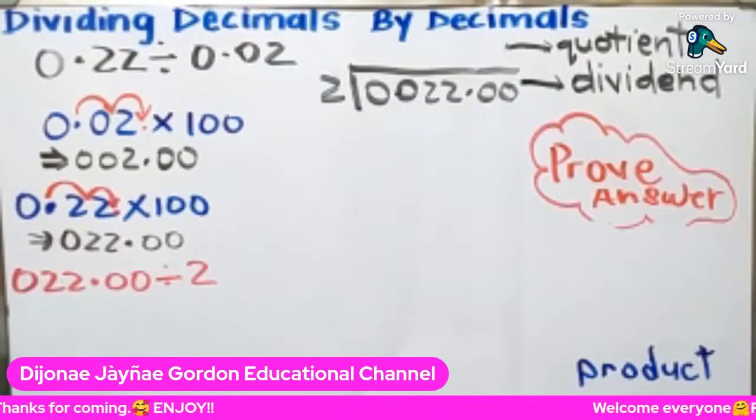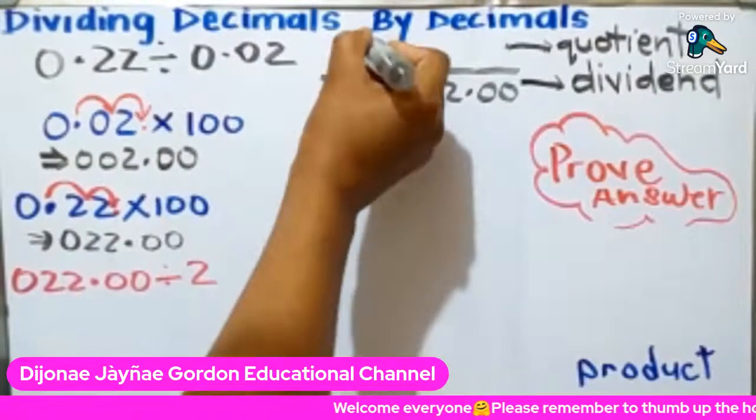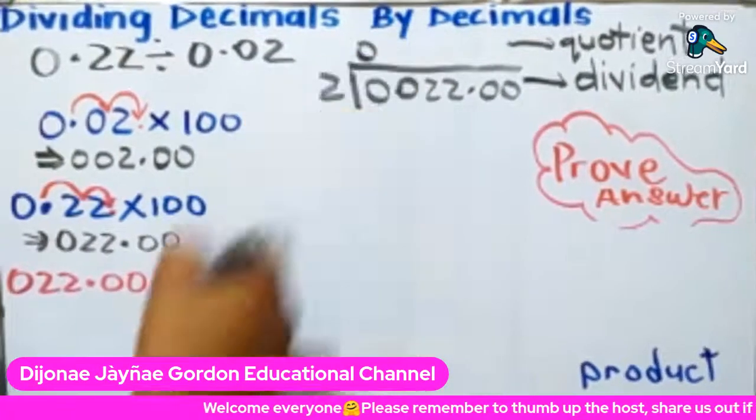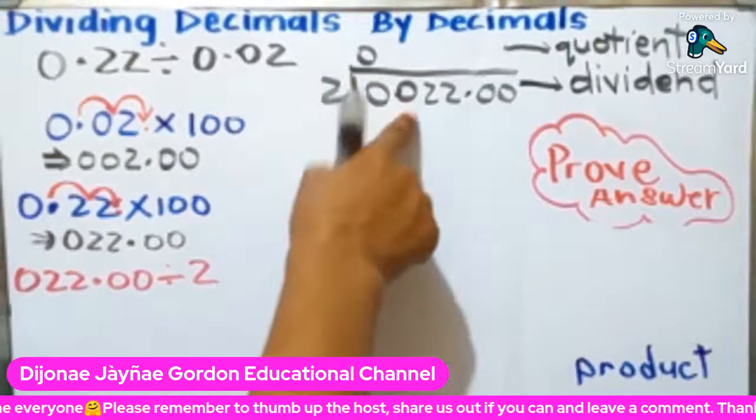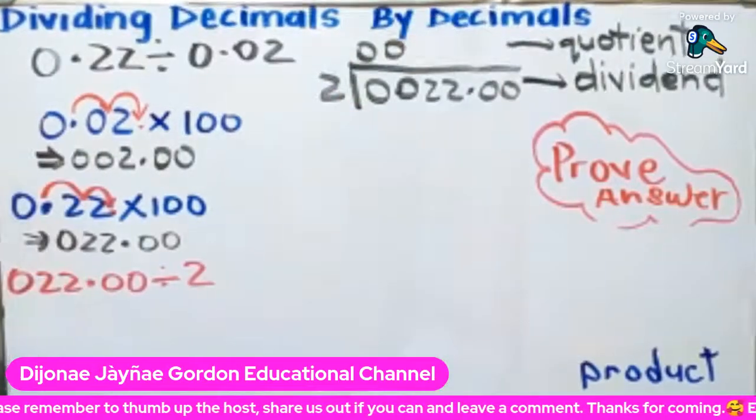Now you're going to ask yourself, how many groups of 2's can you get from 0? We can't, so we'll put 0 right there. I'm going to take the next 0 that is in line and ask, how many groups of 2's can you get from that 0? You can only get 0.